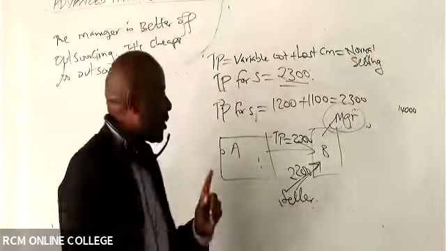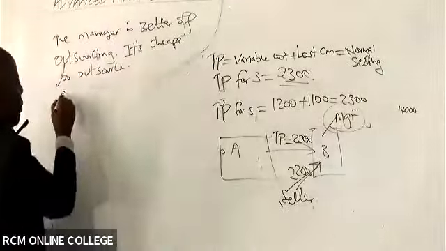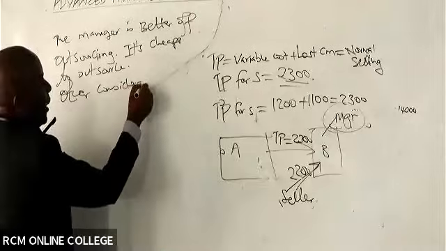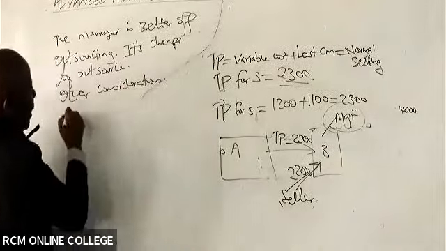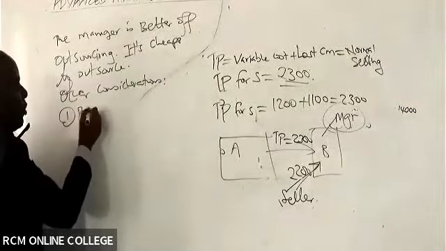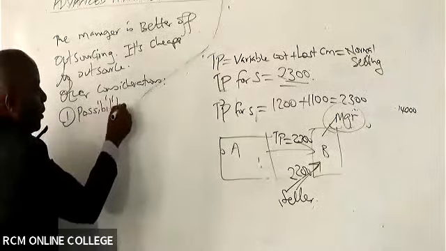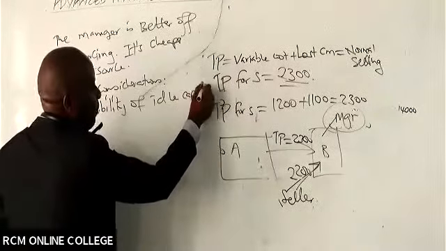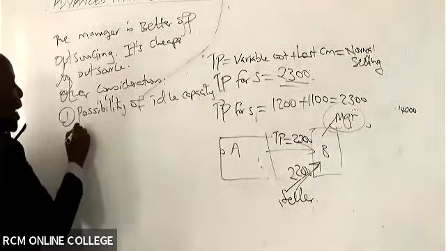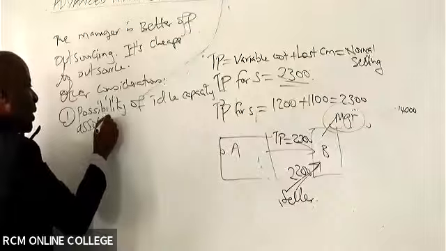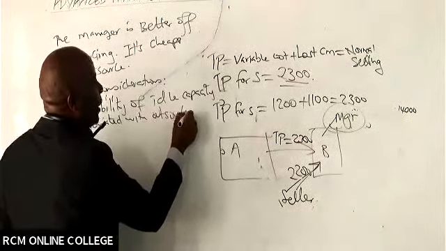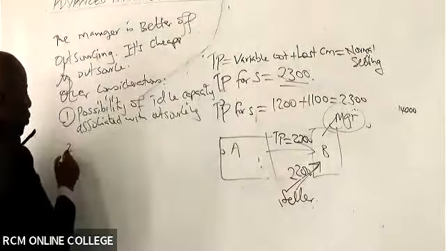So in this case, you can just go ahead and mention other considerations that are really necessary. Number one will be the possibility of idle capacity associated with outsourcing, and then quality issues.